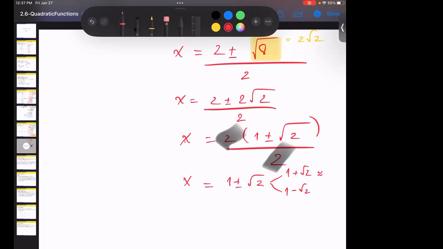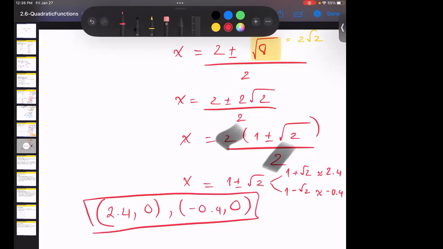So 1 plus the square root of 2 is 2.4. And then this one will be negative 0.4. So you have (2.4, 0) and (-0.4, 0) for your x-intercepts.